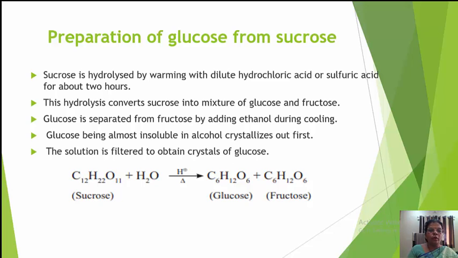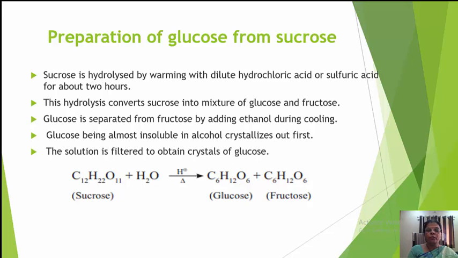Sucrose, the molecular formula of sucrose is C12H22O11. When sucrose undergoes hydrolysis in acidic medium, that is in presence of dilute HCl or dilute H2SO4, and when this is heated for about 2 hours, then formation of glucose and fructose takes place.